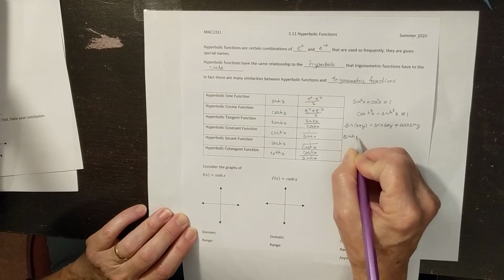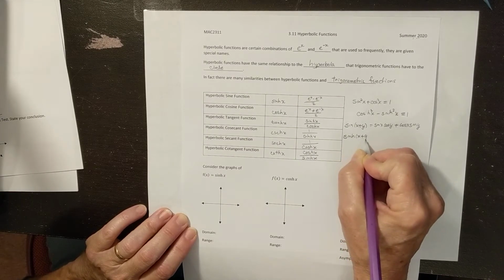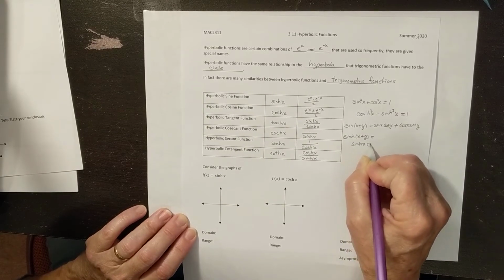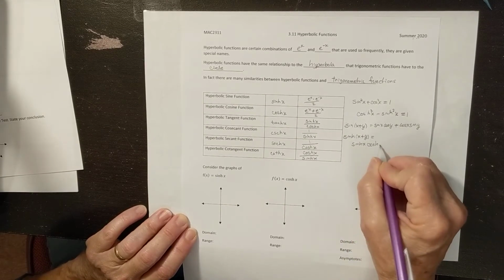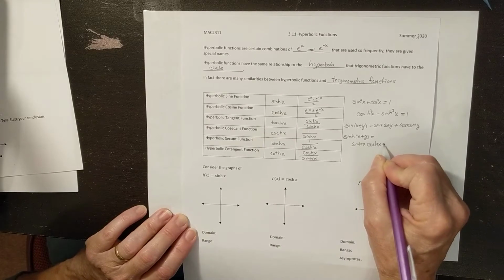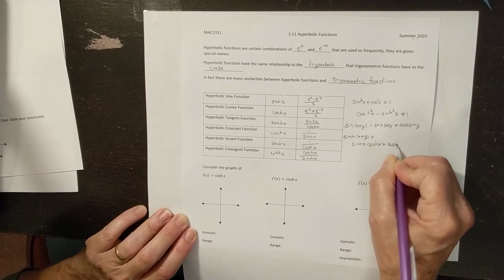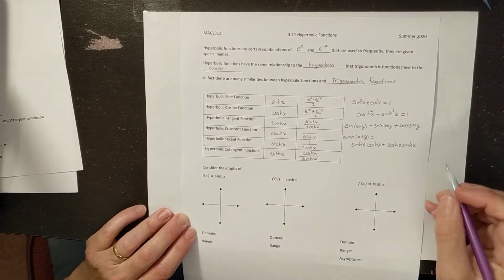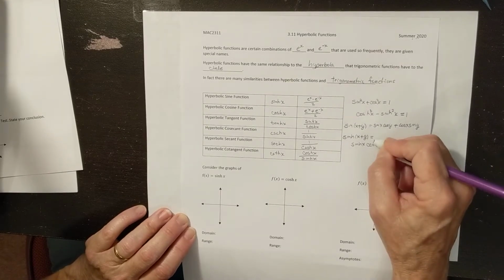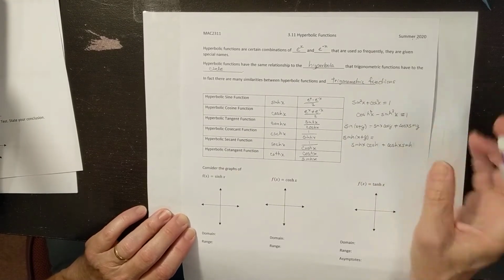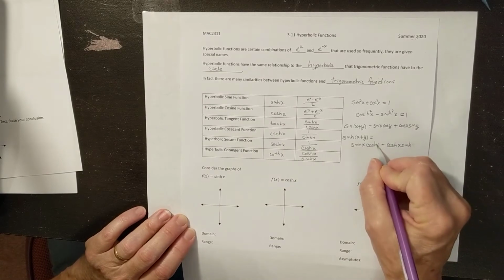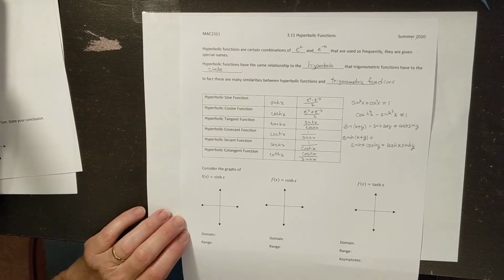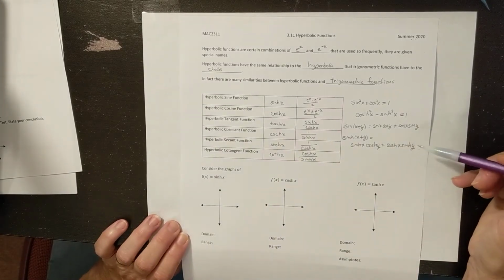For instance, hyperbolic sine of x plus y is the hyperbolic sine of x, hyperbolic cosine of y, plus hyperbolic cosine of x, hyperbolic sine of y. Oh, I put x's on all these. I meant to put x, y, x, y. Okay, so these ended up being the same, but they're not all the same.